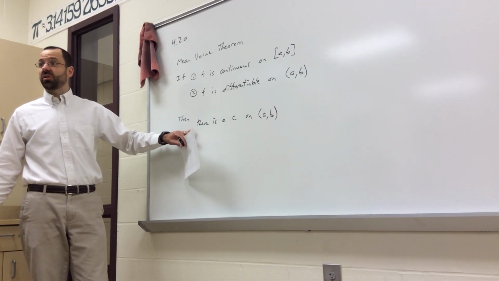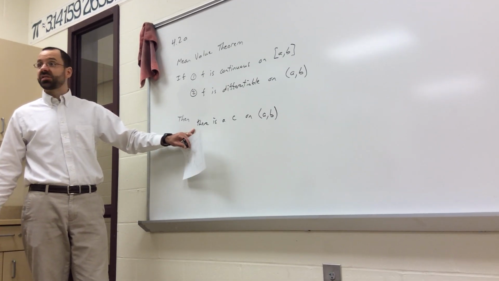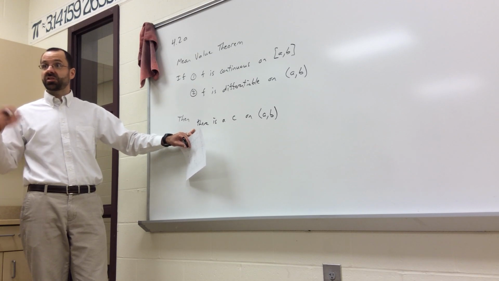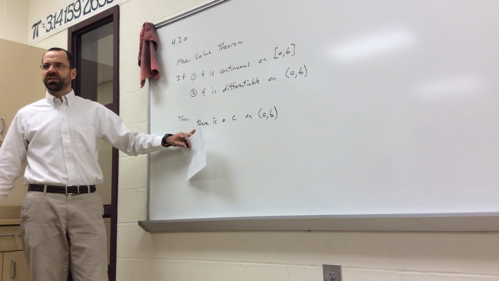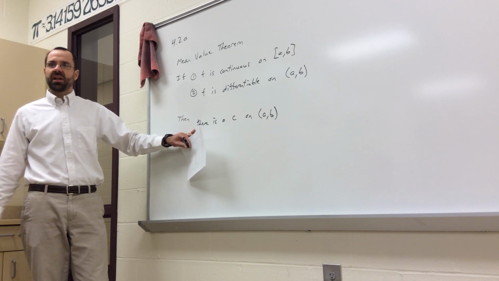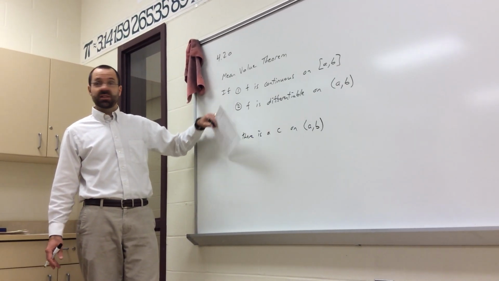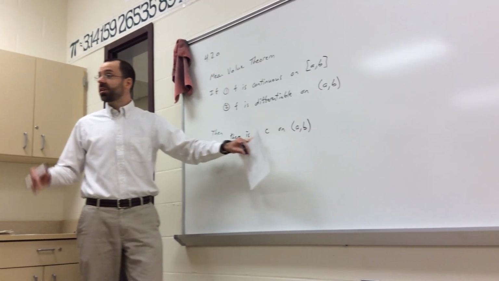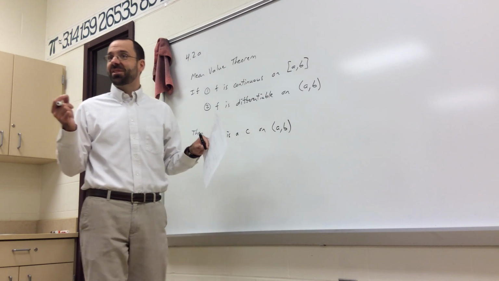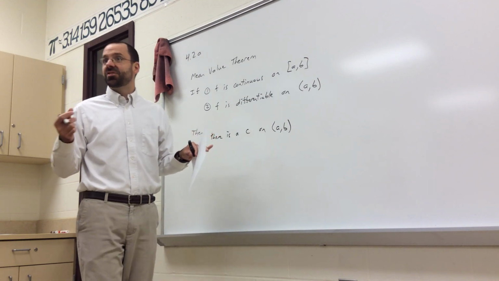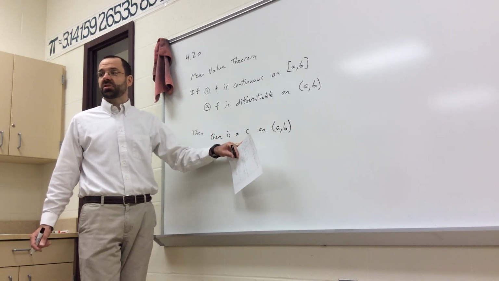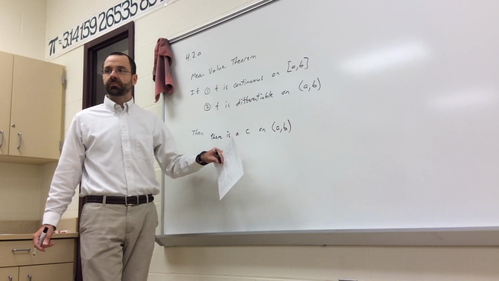But I just wanted to start this because this is an existence theorem, right? It's saying that something exists. We had one other existence theorem earlier, and we'll recap that after we talk about this a little bit more. But this is saying that if this stuff happens, then C exists. Doesn't necessarily tell you what it is. It just says it exists somewhere in between A and B.